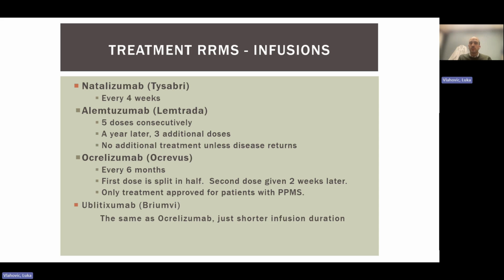And natalizumab or Tysabri is a great medication in general, but with a risk of PML, which I'll also touch upon in a few slides. So it's really important to have very careful monitoring for that medication in particular.